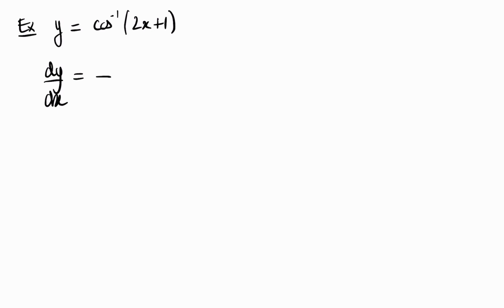Let's do a quick example. If we have, say, y equal cosine minus 1 of 2x plus 1, the derivative dy over dx would be minus 1 over root of 1 minus 2x plus 1 square times the derivative of what's inside, 2.